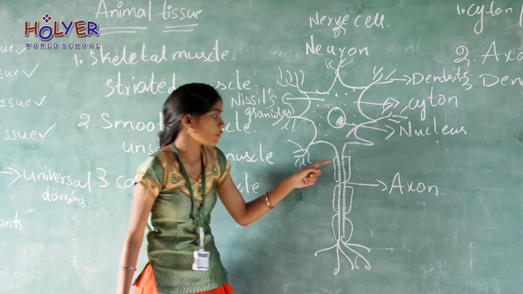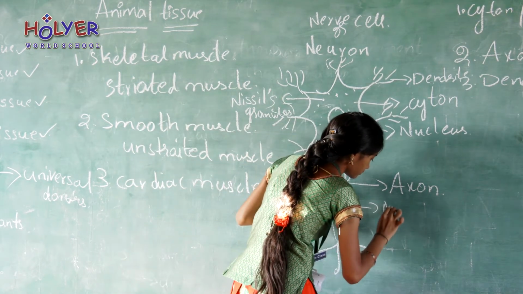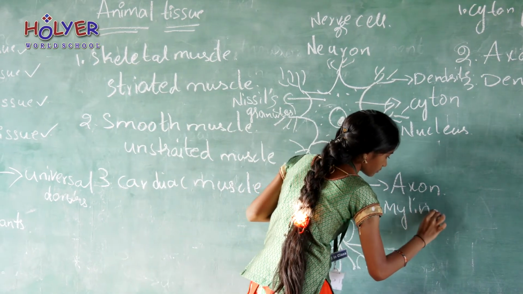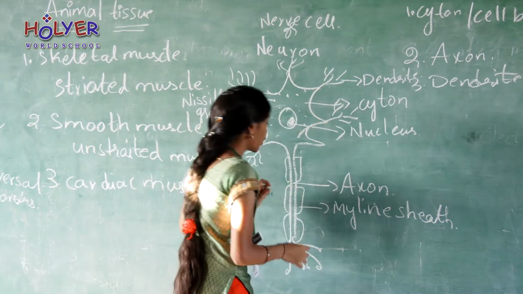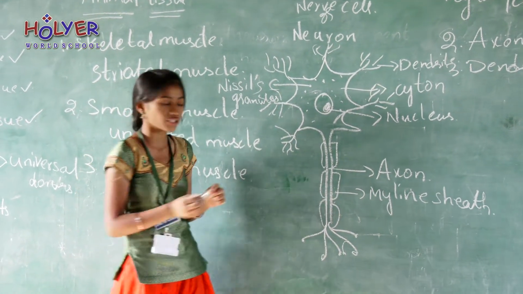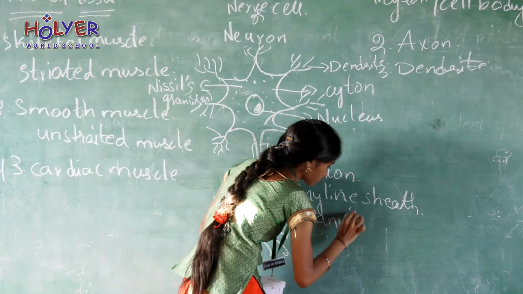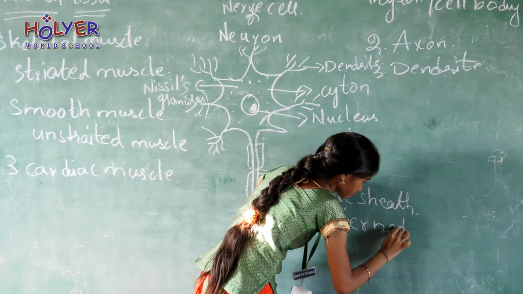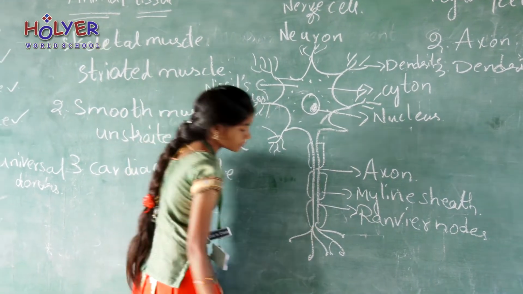This axon is covered with a sheath like this, known as the myelin sheath. There are gaps or nodes present between the myelin sheath, known as the node of Ranvier. And at last, these are known as the nerve terminals.